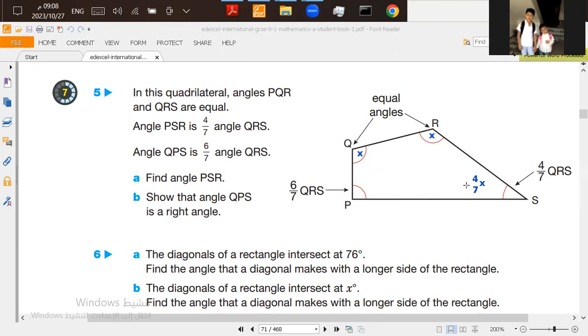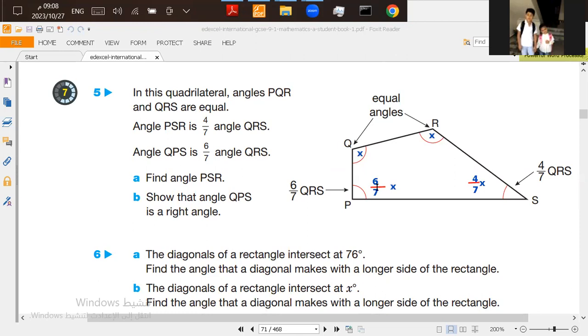Same idea here. This is 6/7 of QRS. Same idea. So it's going to be 6/7 of X. Good. Now I got my angles.